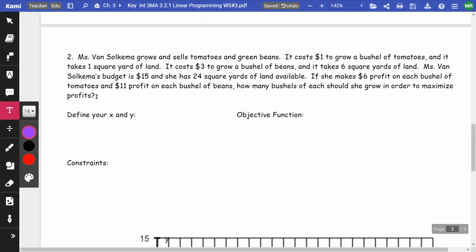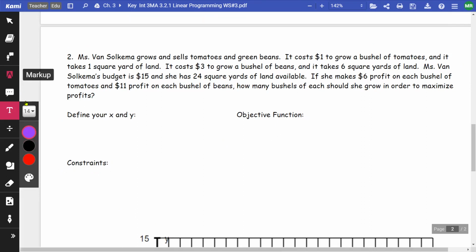It costs $3 to grow a bushel of beans and it takes 6 square yards of land. Ms. Van Sokoma's budget is $15 and she has 24 square yards of land available. If she makes $6 profit on each bushel of tomatoes and $11 profit on each bushel of beans, how many bushels of each should she grow in order to maximize profits?